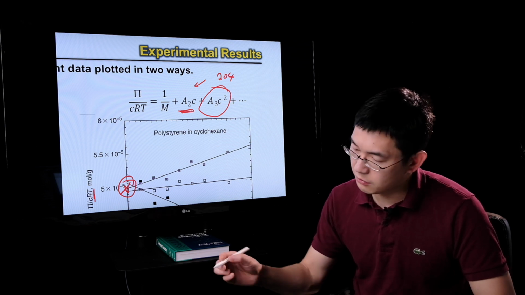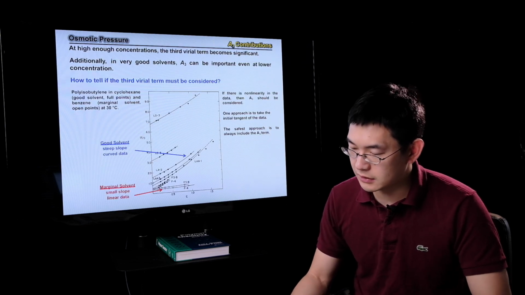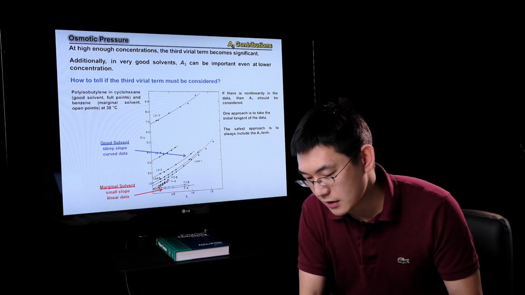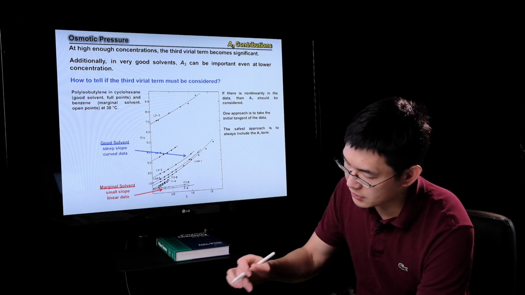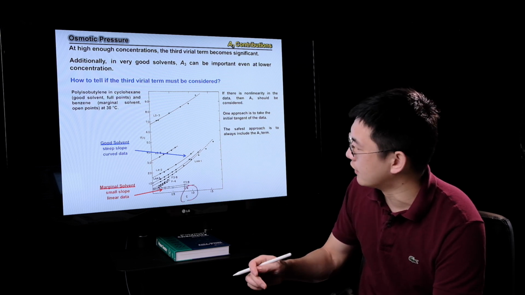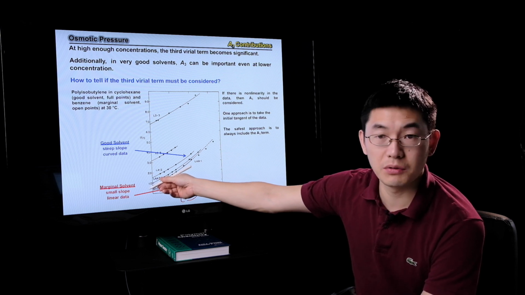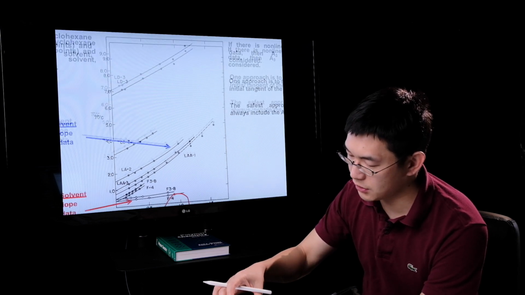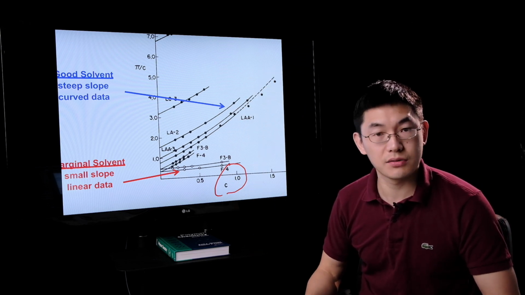But as you can tell, when C is getting bigger and bigger, this will start to matter. The question is when the third virial coefficient starts to matter, as shown here. When C approaches as high as 1, you will start to see your measurement is not a linear term, and your curve will start to curve up because of this cubic A3 term.